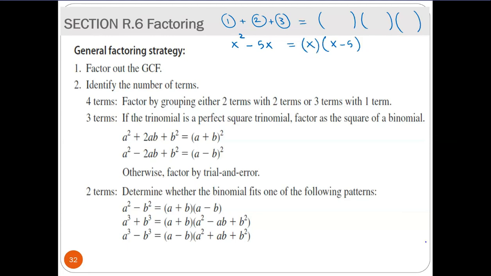So the factoring of this polynomial x square minus 5x equal x multiply x minus 5. هذا معنى الفاكتورينج. فاكتورينج انه احول البولينوميال من terms لحاصل ضرب براكتس. اوكي، هذه الفكرة العامة. شو معنى فاكتورينج؟ What's the meaning of the factoring of polynomial? So convert the polynomial from terms to multiply brackets.